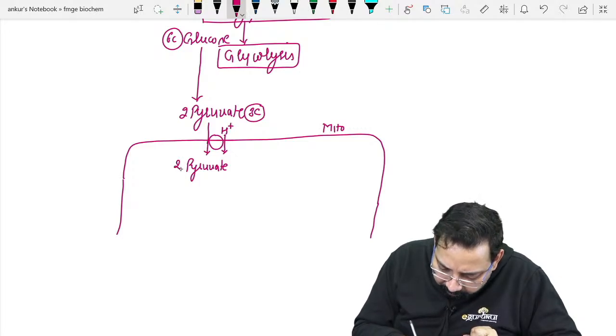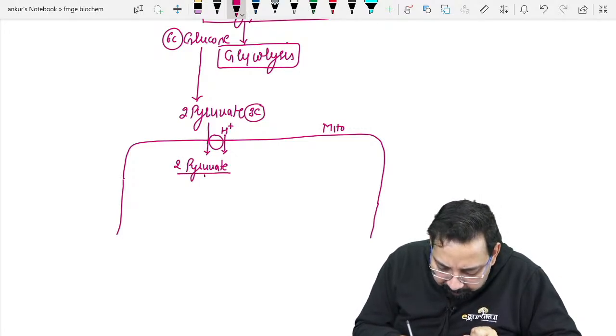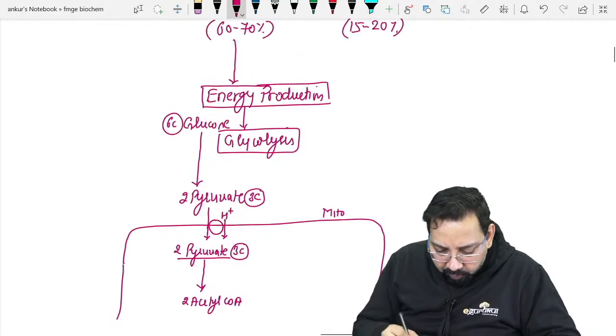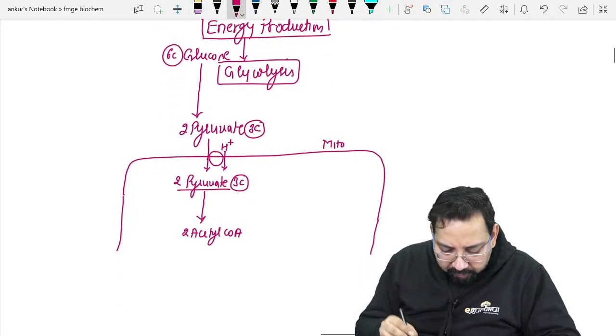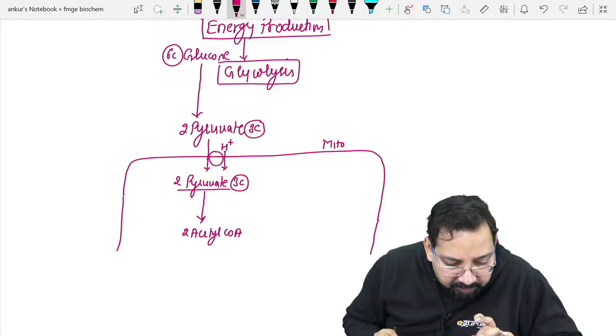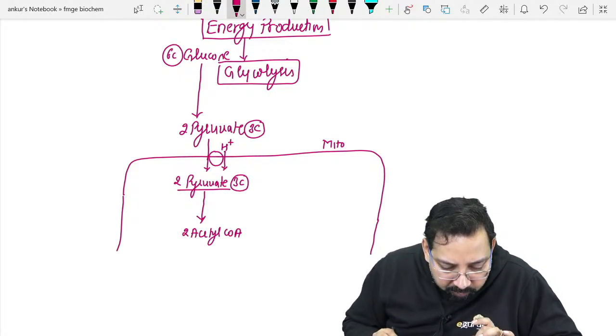Pyruvate enters the mitochondria. Pyruvate has 3 carbon and is converted to 2 molecules of acetyl coenzyme A, because 2 molecules entered, 2 molecules of acetyl coenzyme A. If I ask you how many carbon atoms are there in acetyl coenzyme A, please do reply.